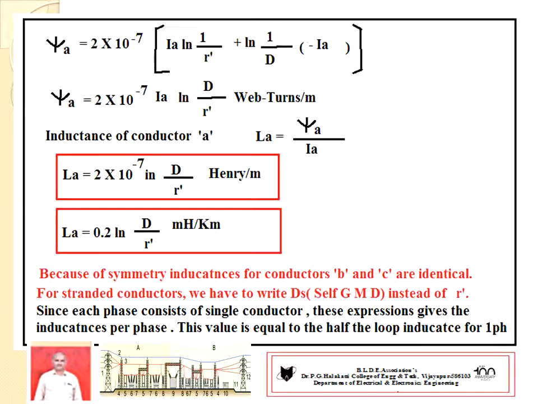So you remove the IA term from the above equation, that becomes the inductance of A. So inductance of conductor A equals 2 into 10 to the power of minus 7 ln d by r dash, in Henrys per meter, or 0.2 ln d by r dash if you are taking the units in millihenries per kilometer. So you practice, sir.